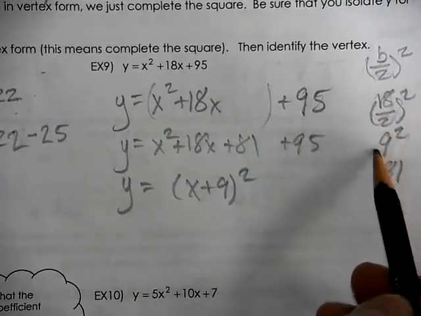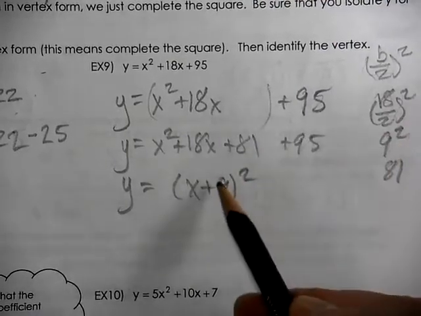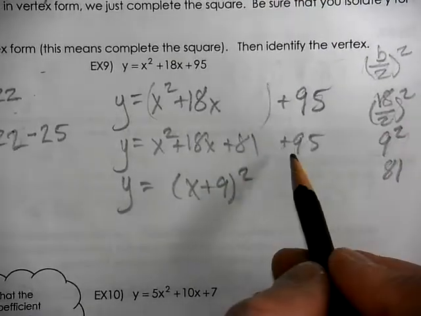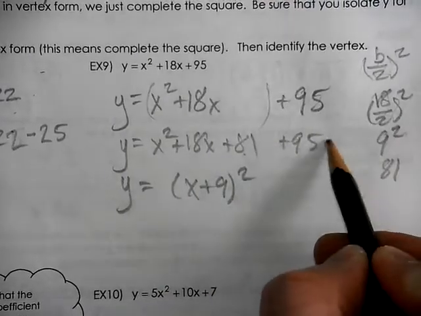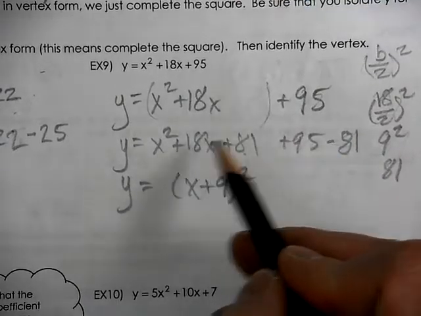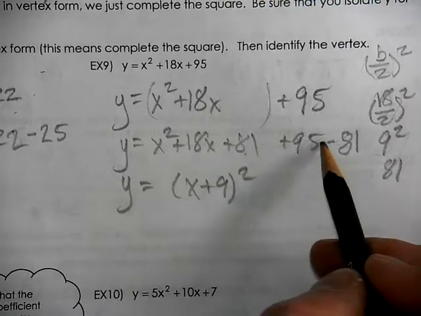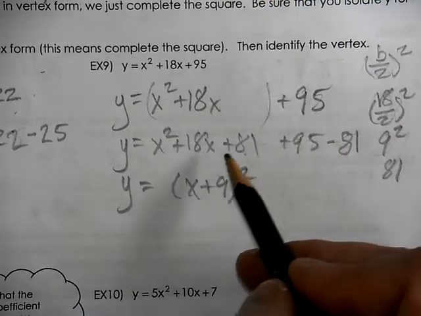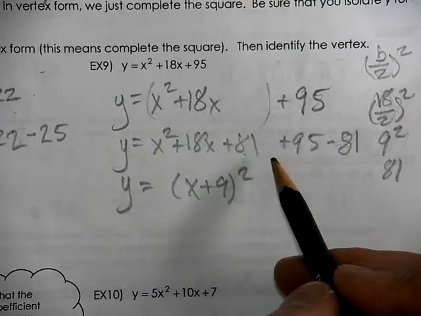That's divided by 2, gives you 9. So whatever you're squaring is what goes inside here. So because I put the 81 here, I also have to put a negative 81. Because I added 81 to the right side of the equal sign, I would have to subtract 81 to the right-hand side of the equal sign to keep it balanced.